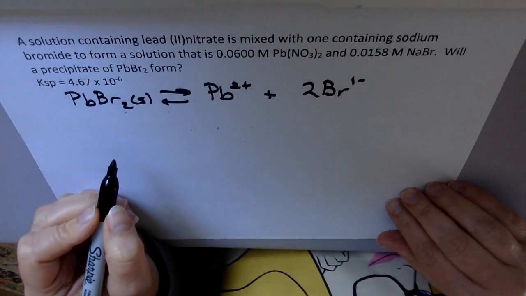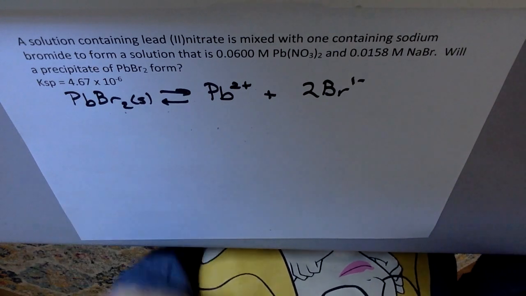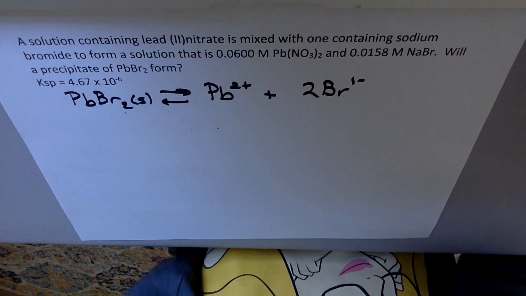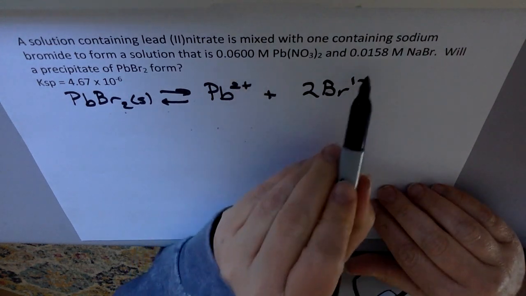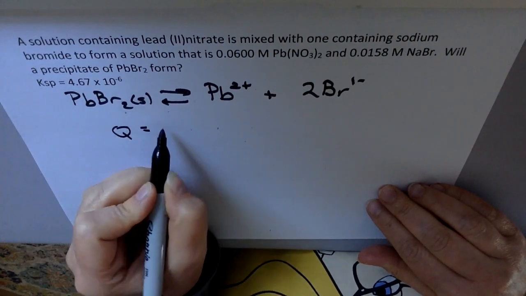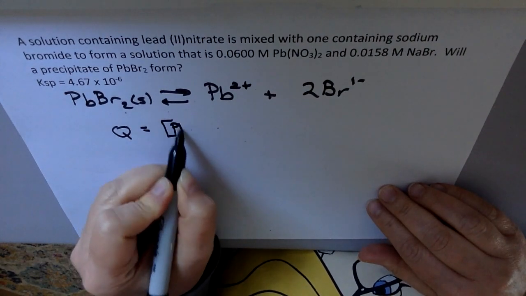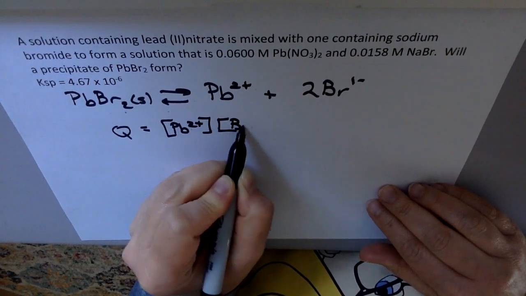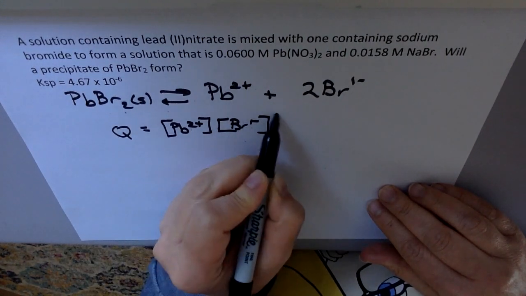We're going to calculate Q, and Q is set up the same as the K, except it's going to have non-equilibrium concentrations, and we're assuming these are non-equilibrium concentrations. So Q is just going to equal the concentration of the lead times the concentration of the bromide ion squared.